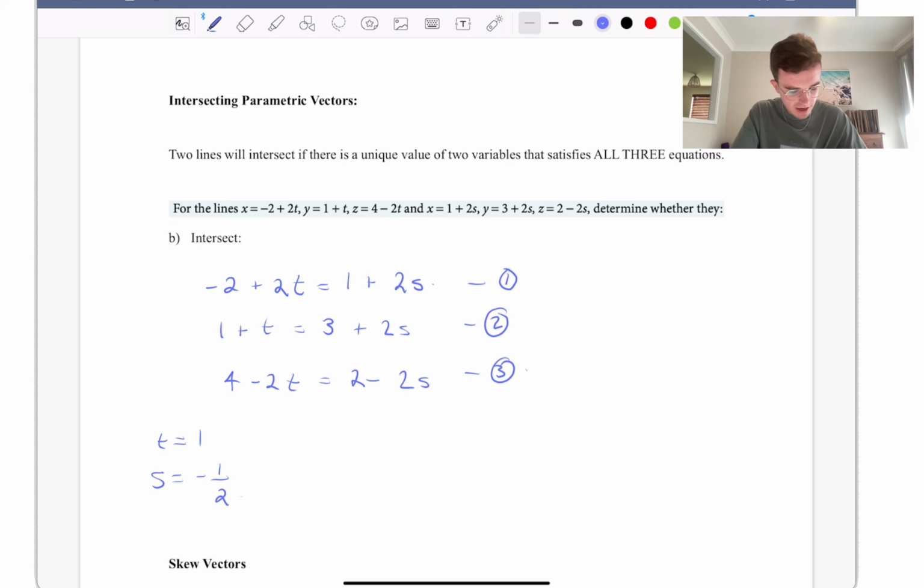Now if we substitute that into equation 3, with t as 1, 4 minus 2 times 1 is 2, and then 2 minus 2 times minus a half gives us 3. So 2 is not equal to 3, so therefore these lines do not intersect.